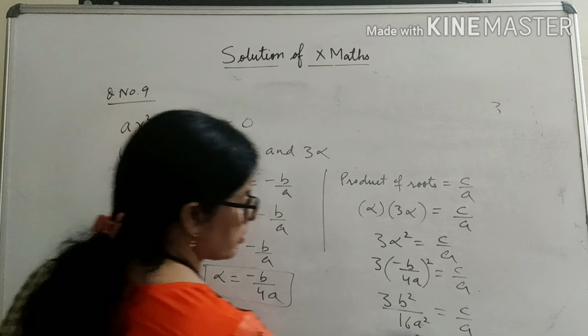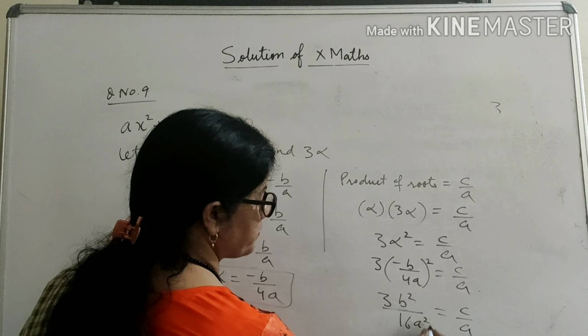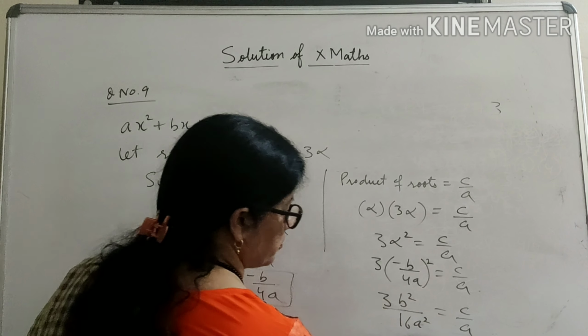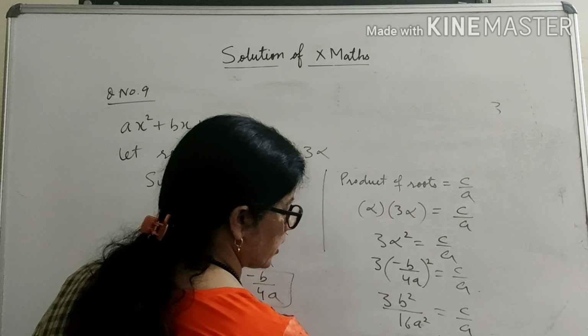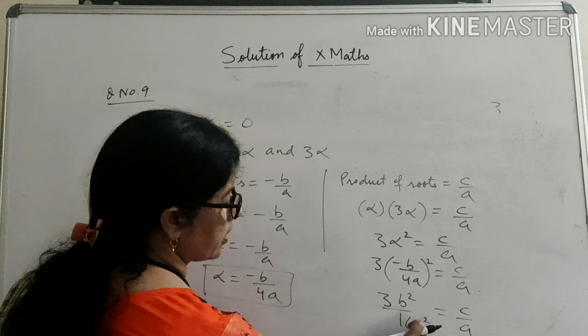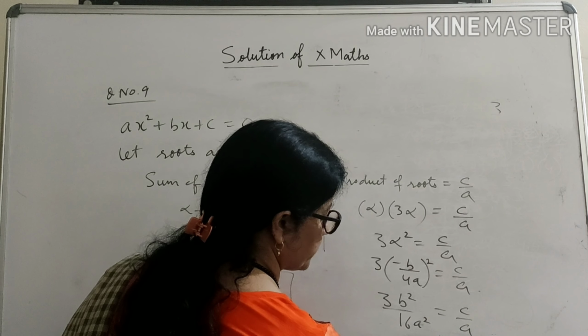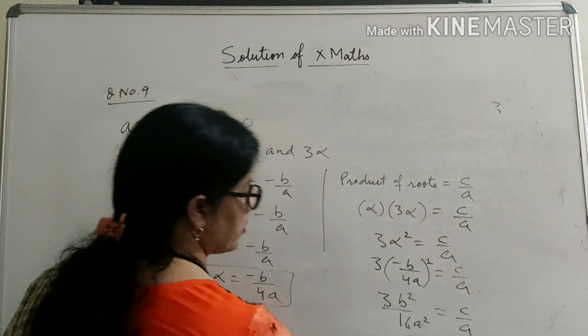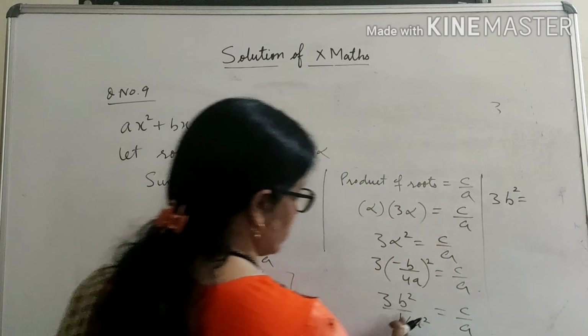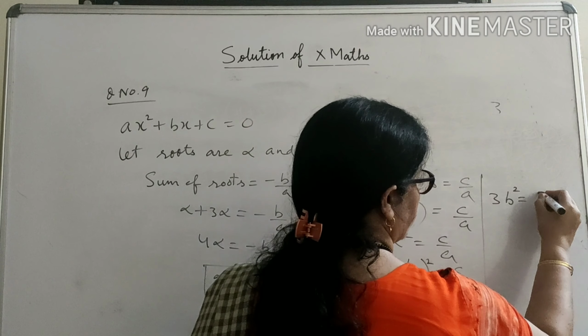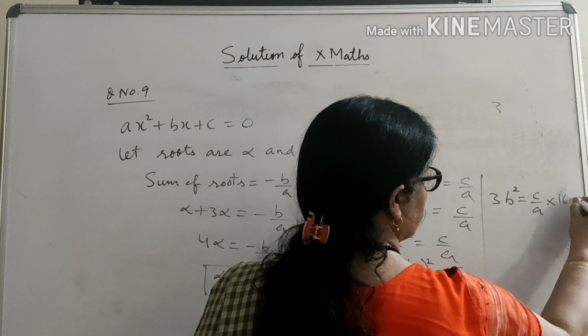Now 16a square will go in multiplication, so I am writing 3b square is equal to c by a into 16a square.